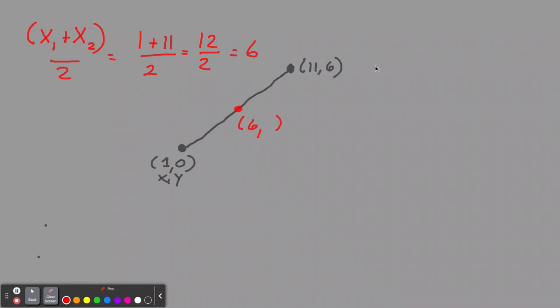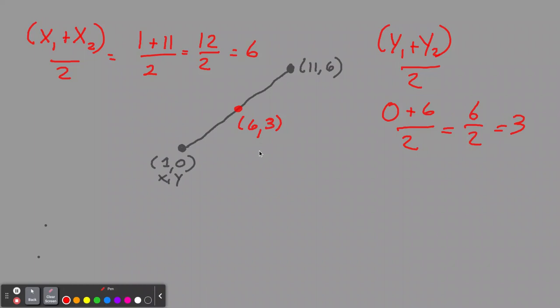So we'll do the same with the y. We're going to say y1 plus y2 over 2. Right? So we have a 0 plus we have a 6 for y. We know that's 6 over 2, so it's 3. So the midpoint of this line segment is 6, 3. That's how we did it. Let's do another one.